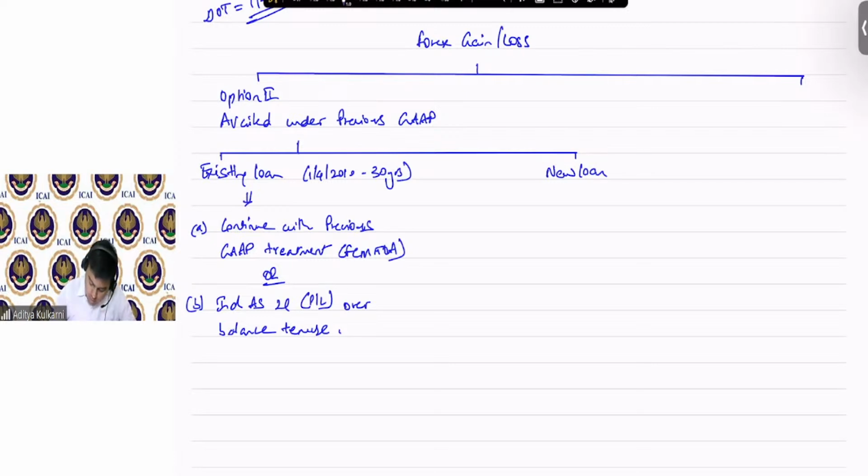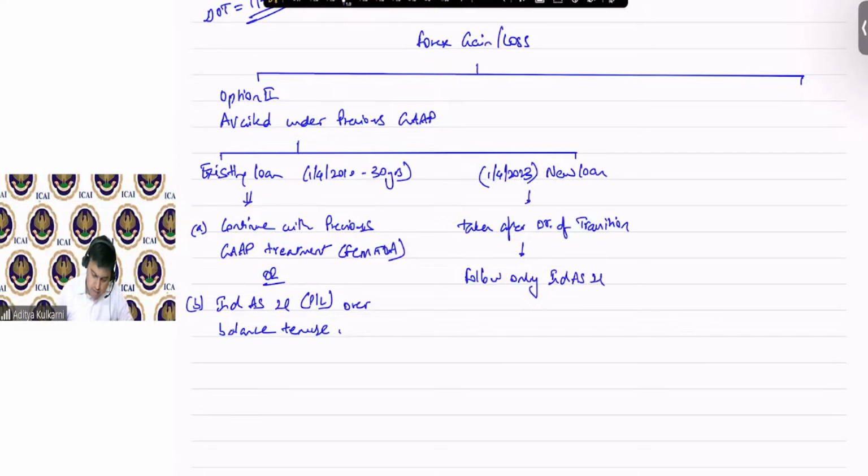New loan, suppose you have taken a new borrowing on 1/4/2023, after the date of transition. Follow only Ind AS 21.